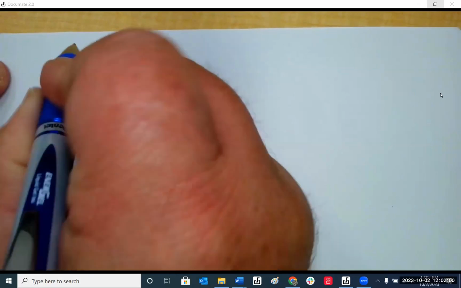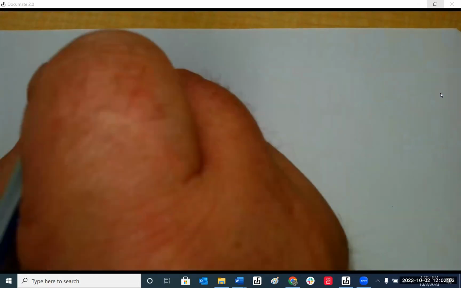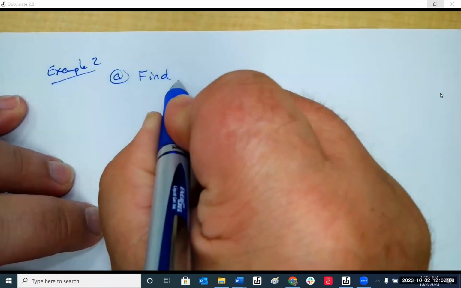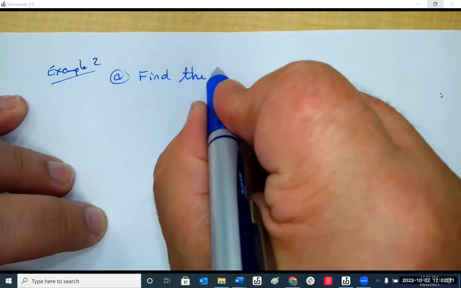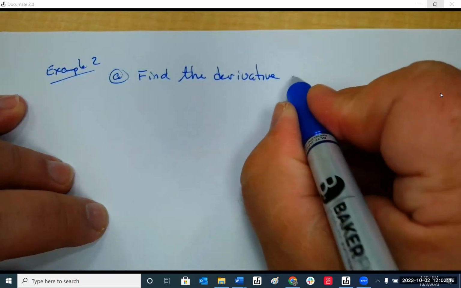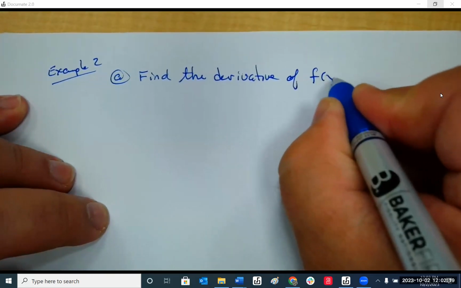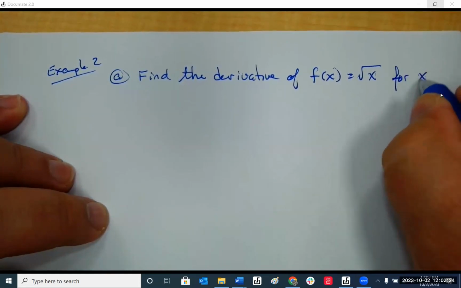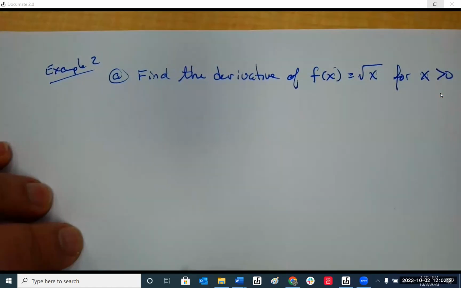Don't do that. Okay, let's look at another example. Example 2. All right. This first part. Find the derivative of f of x equals square root of x for x is greater than 0.